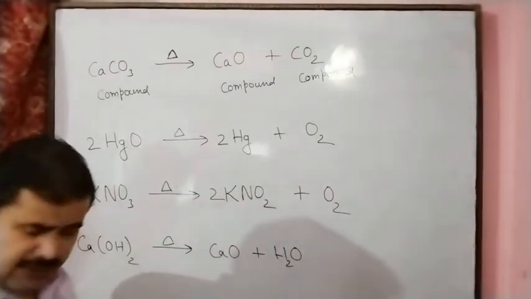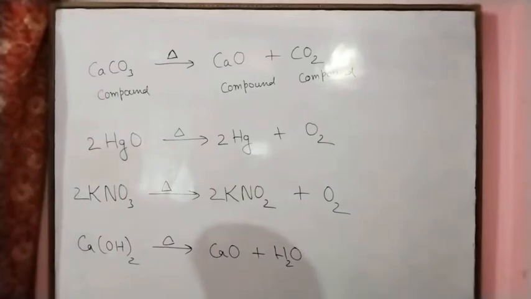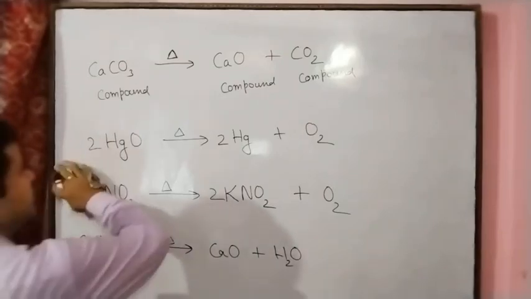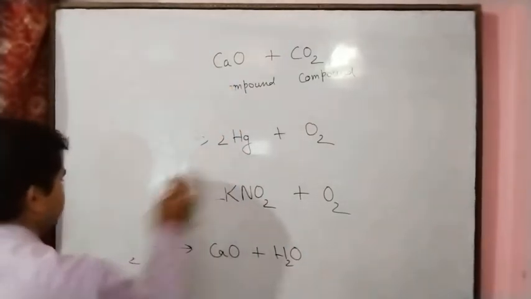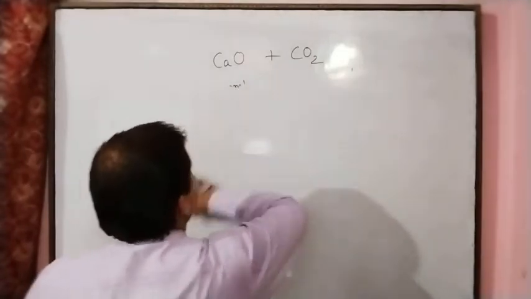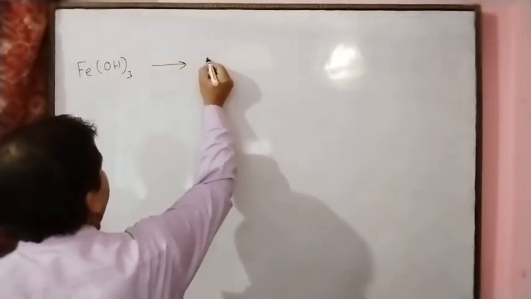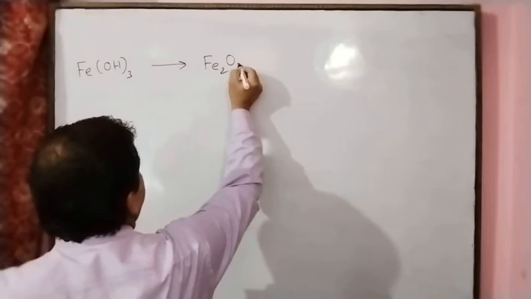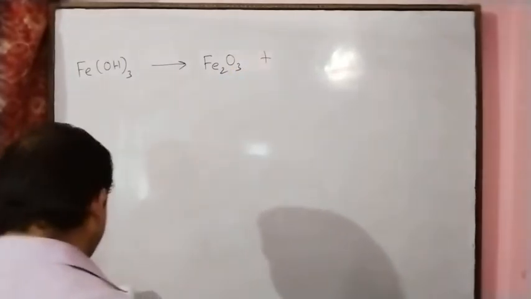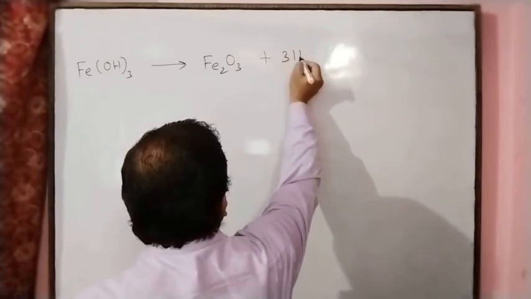So many examples are given here. After this we can see iron third hydroxide, which decomposes into Fe2O3 plus water.